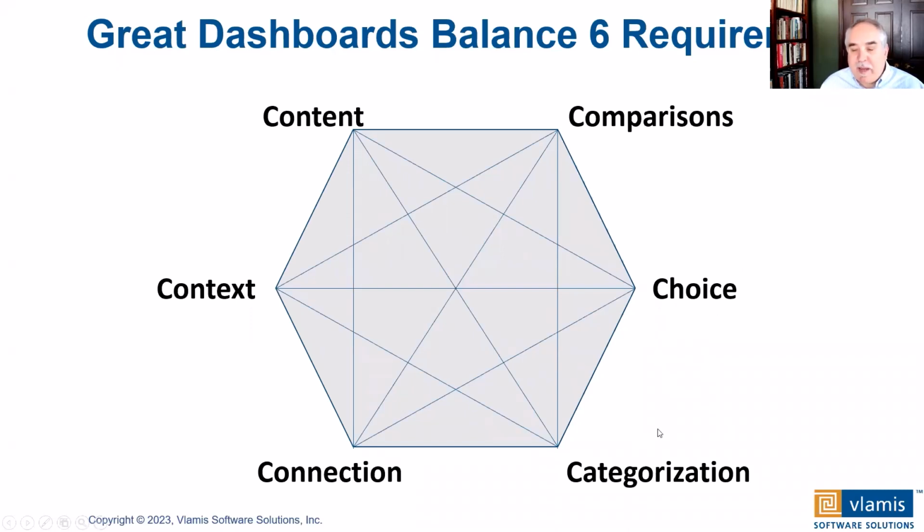Now, categorization is a little bit about the organizational strategy that you use when you're designing your dashboards. And we do have some hints and some tips, some frameworks on how to think about and organize these very, very large, complex data models that we tend to see in enterprise. And then connection really gets to drill paths and how we navigate through these dashboard systems.